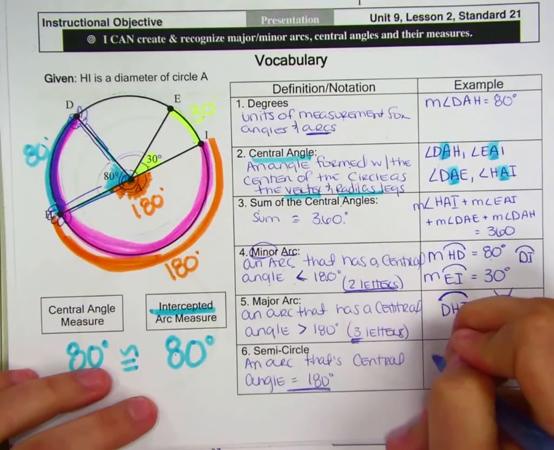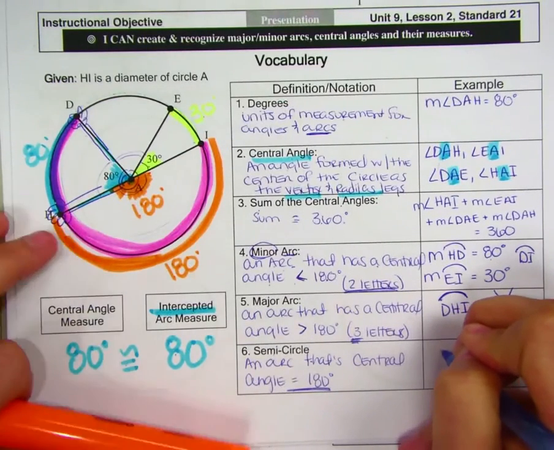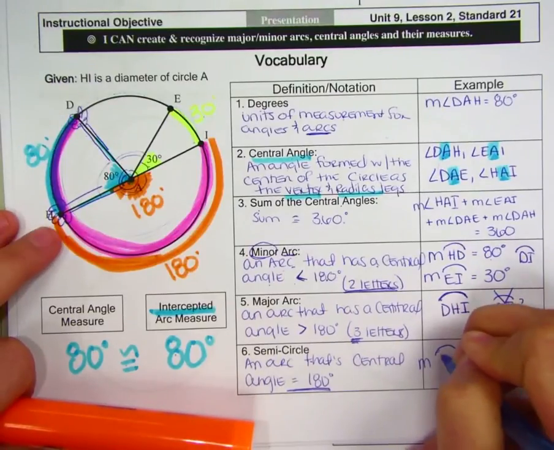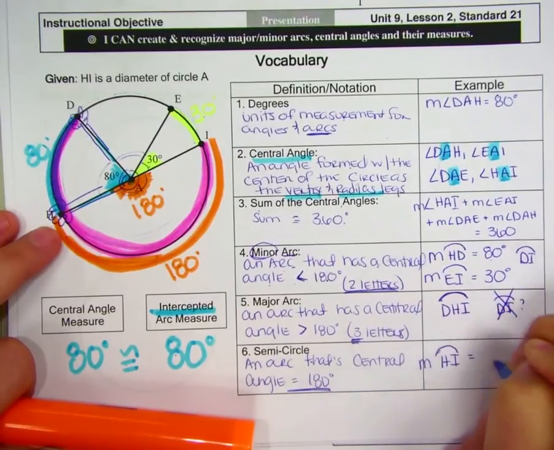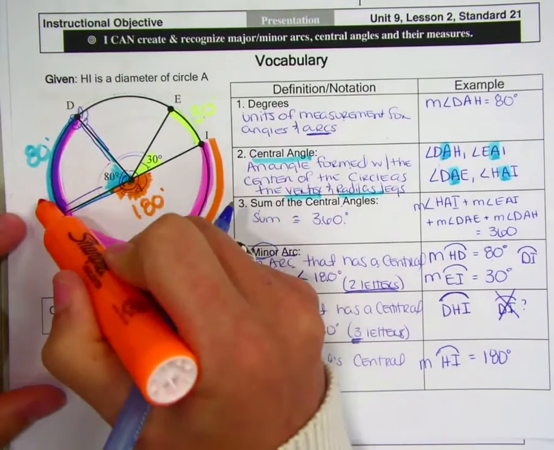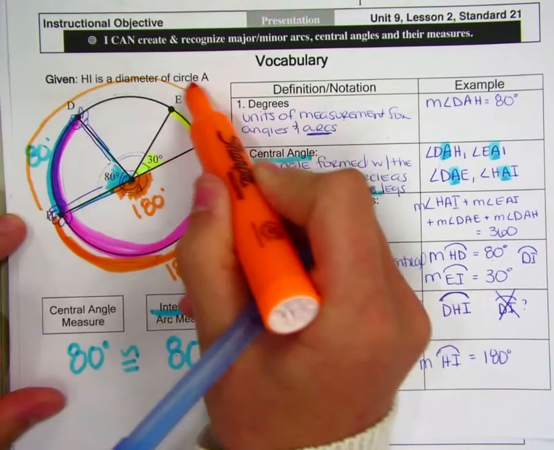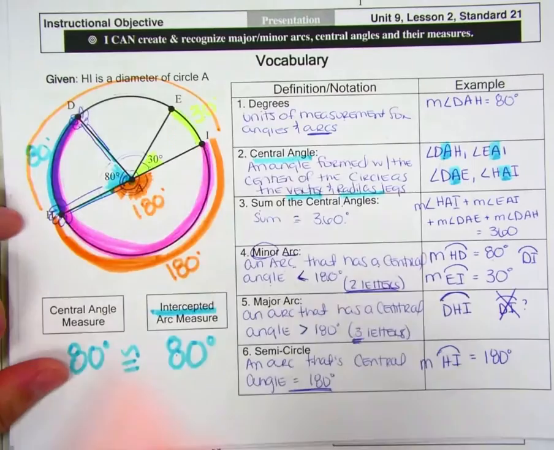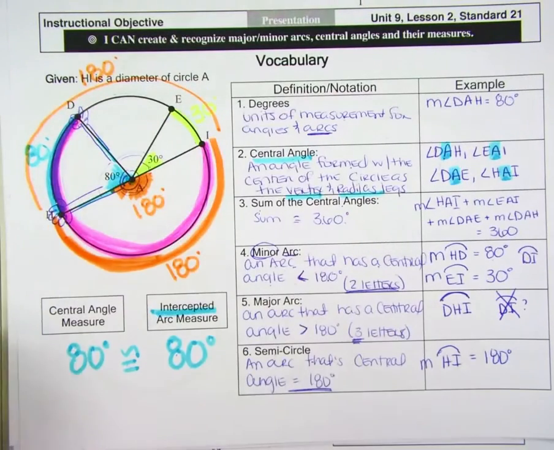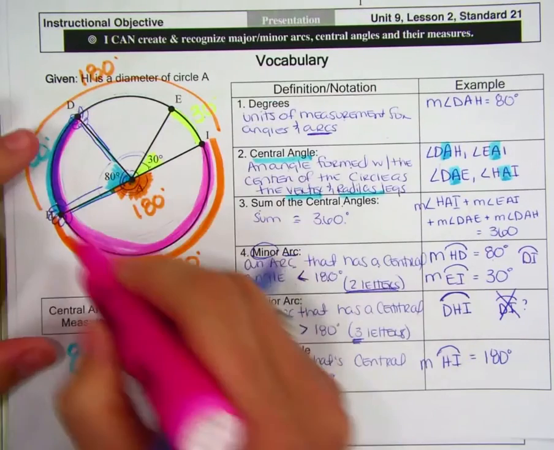We will name that using 2 letters. It's fine because it doesn't matter. So the measure of arc HI is 180 degrees. Why does it not matter? Because this is also HI, and it is also 180 degrees.